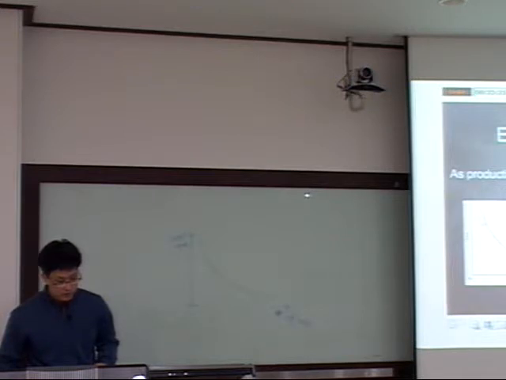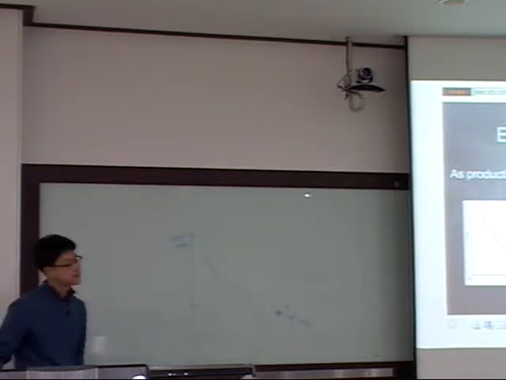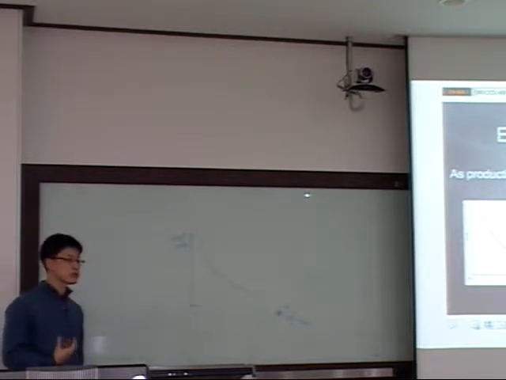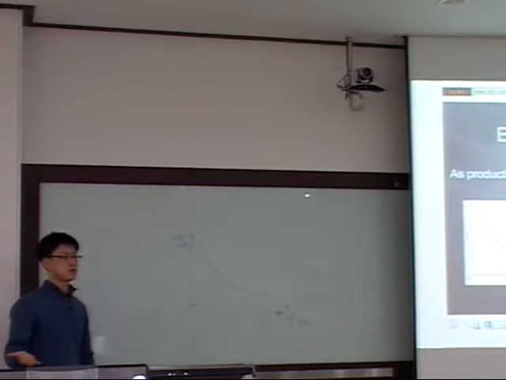Okay? So if you look only at this part, then the chart looks like this. As production volume increases, unit cost decreases. That's the economies of scale, and we want to extract this as much as possible. Because the unit cost decreases, but we have a little problem.